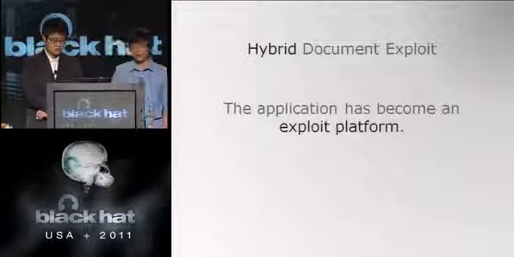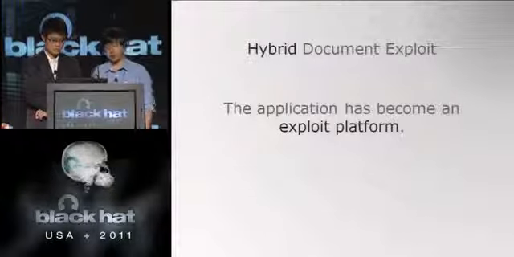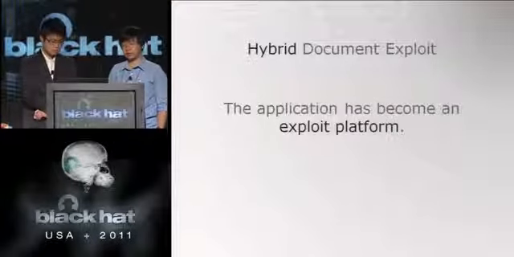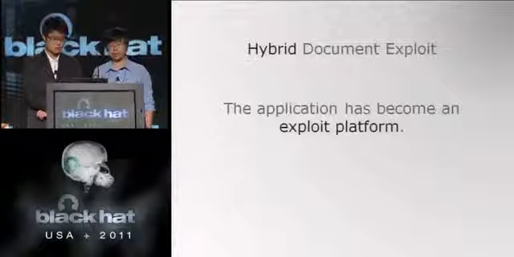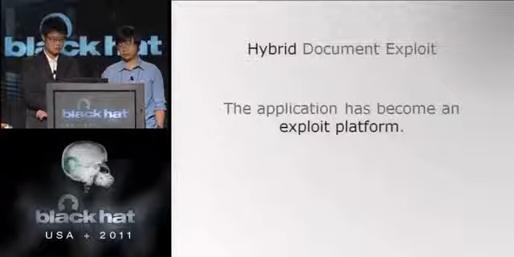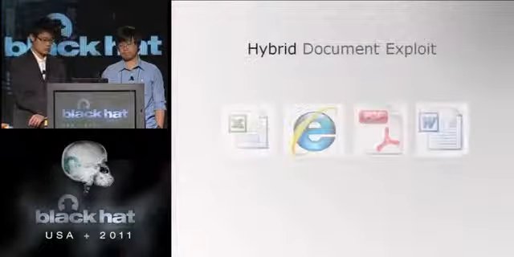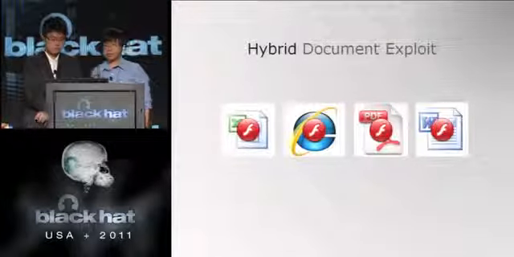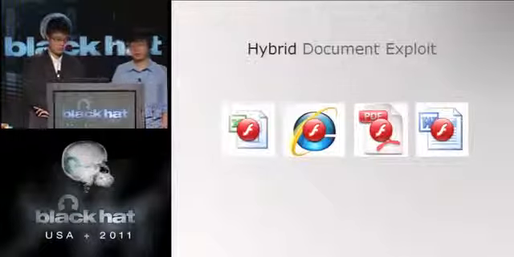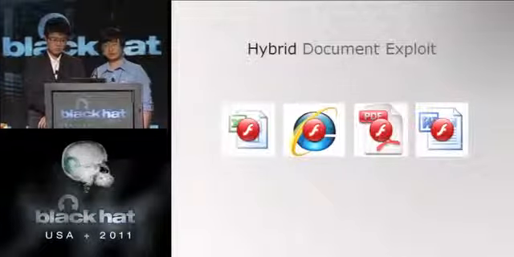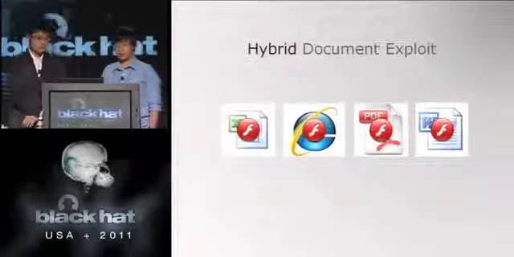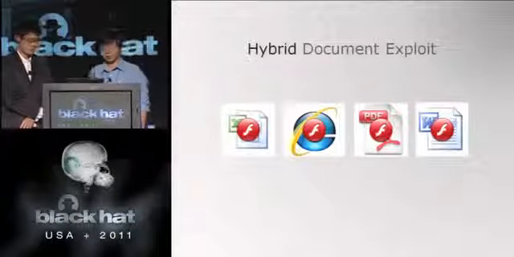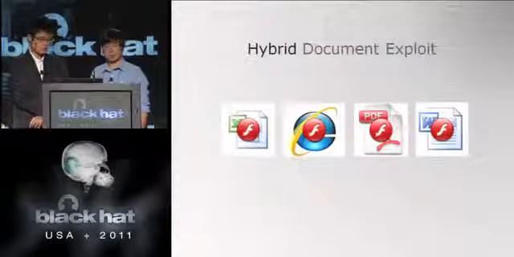So we think application has become an exploit platform. The Flash exploit may be run on Excel and other applications. This kind of attack is popular recently. A Flash vulnerability could be repacked as a malicious web page, a PDF exploit, and an Office document exploit.